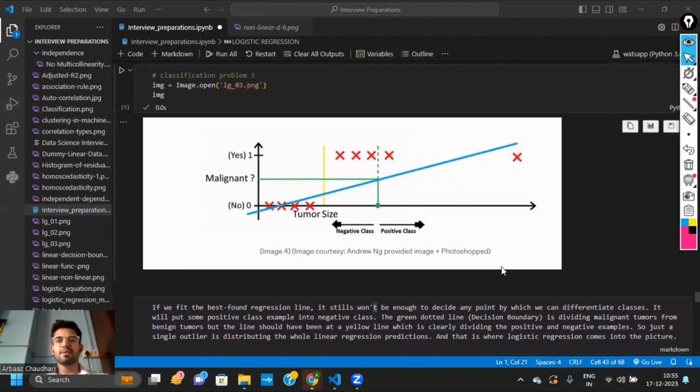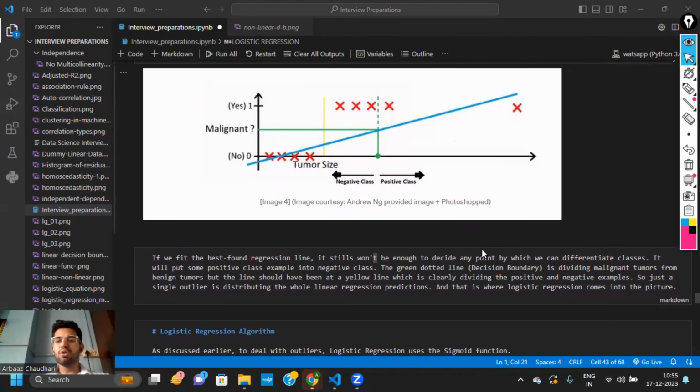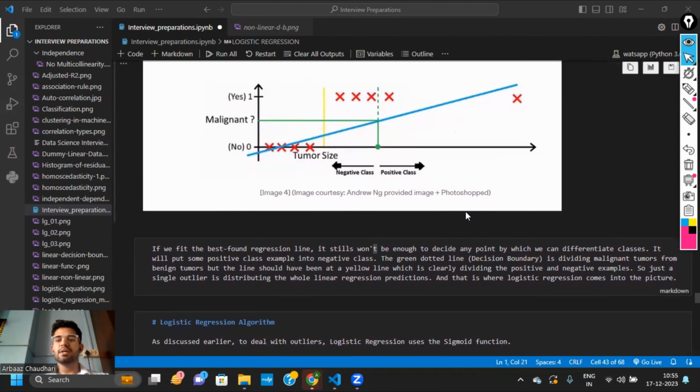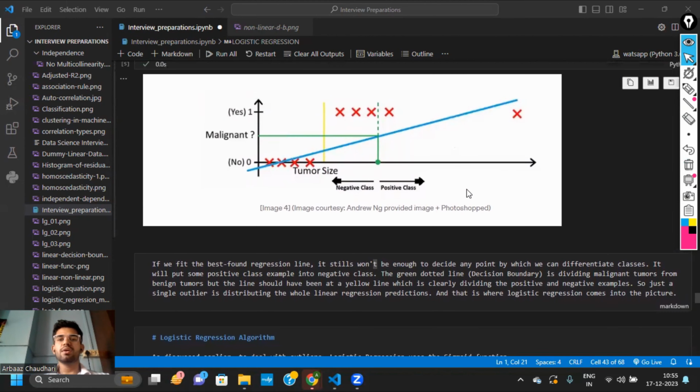Okay. And I also want to tell you guys that the classes 0 and 1 should be separable by a single line.